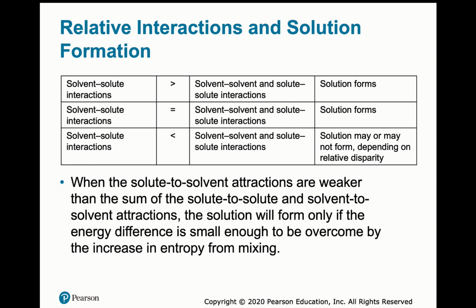If the solvent and solute interactions are lower energetically than the attractiveness between themselves, the solution may or may not form. It depends on the difference, and also the temperature. Increasing temperature increases the probability of the higher entropy states to form.